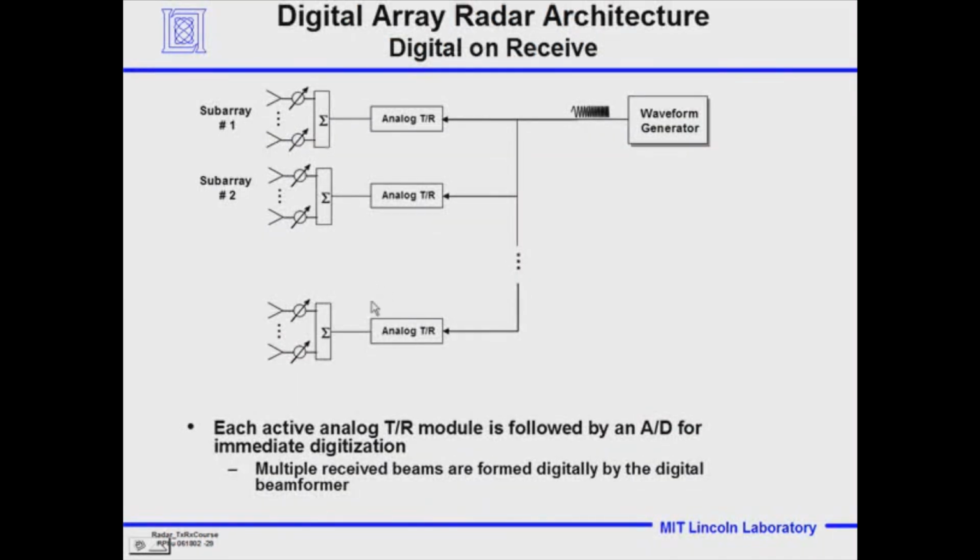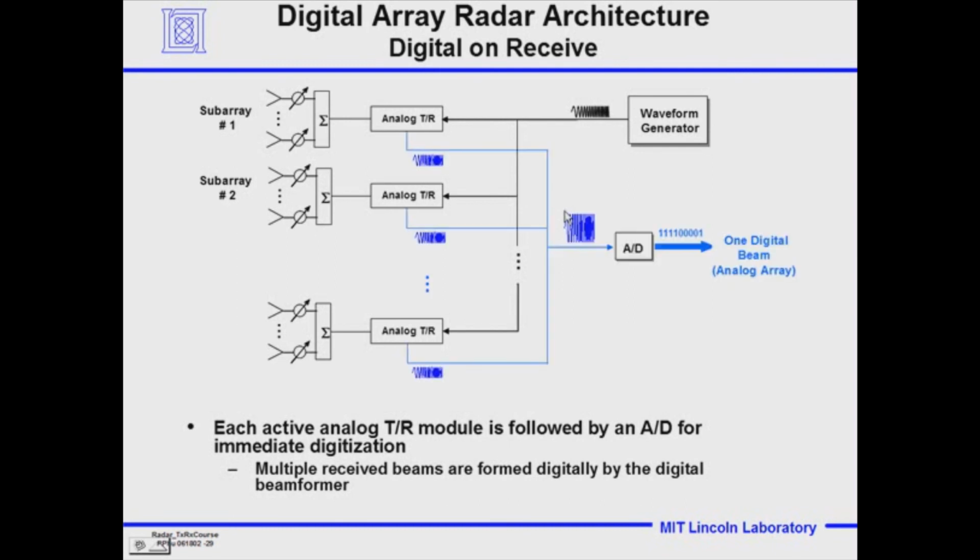Okay. Now there's another way you can push stuff up into the front end, and that is you can go digital on receive. And this is going to allow you to form multiple beams. What we do is we generate our signal and transmit it as we would in a standard phased array radar. And what we could do is take from our TR module the signal coming back, combine it in the A to D here, and generate one digital beam with an analog array.